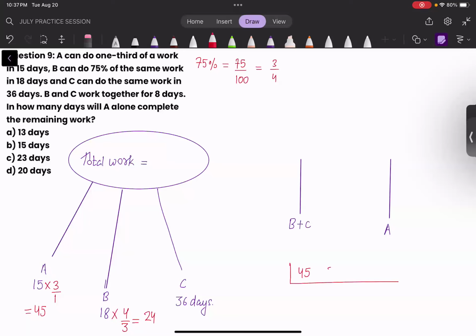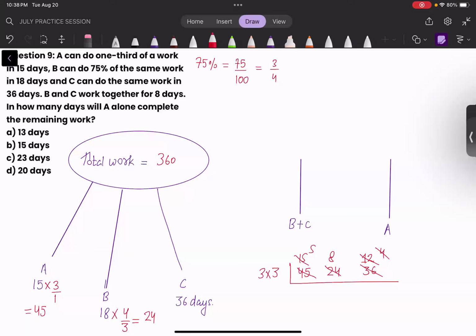45, 24, 36. Okay, so 3, 15. Okay. 8, 5, 40, 9, 4, 36. 360 I will get.